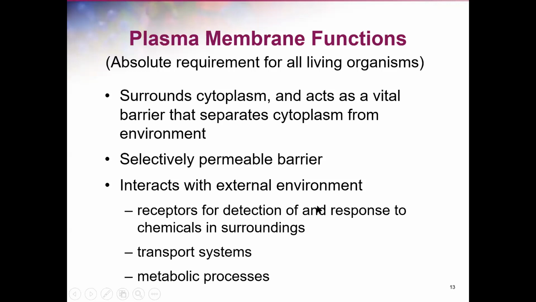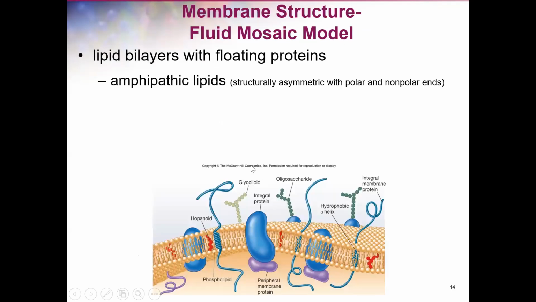It's a so-called permeable barrier. They also contain a lot of protein, which can act as receptors, transmit nutrients or waste, and carry out a lot of metabolic processes. Then you can see this is basically the structure.